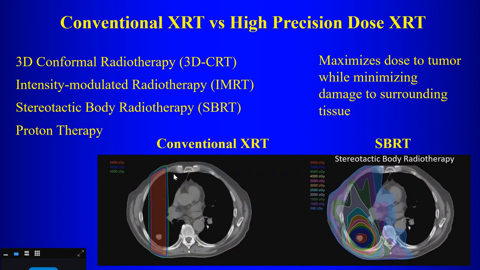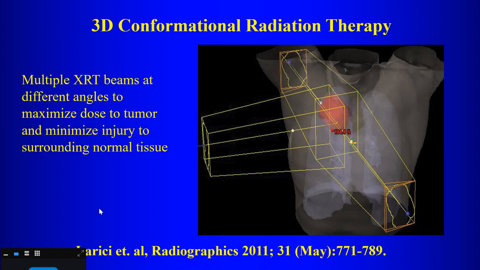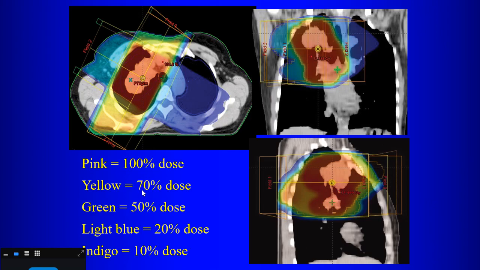So we don't see that very sharp demarcation like you would see with the conventional radiation ports with this type of therapy. So 3D conformational radiation therapy. Now there are going to be other areas of the lung that can be far away from the tumor that are exposed to radiation. So we might see radiation pneumonitis in parts of the lung that are now far away from the tumor.